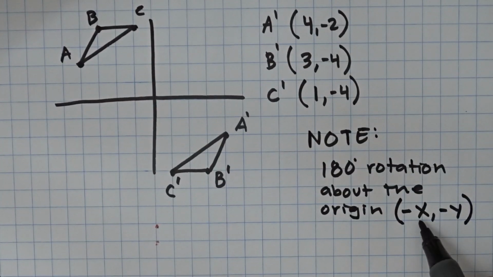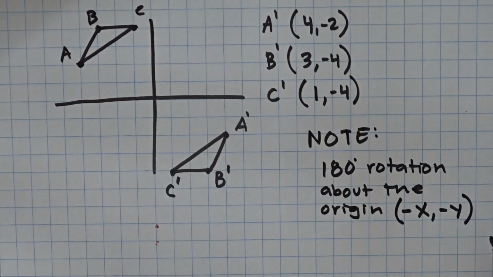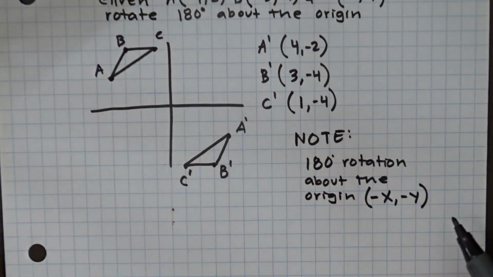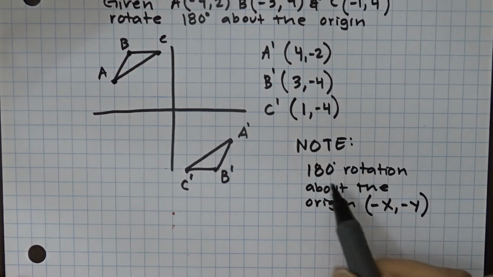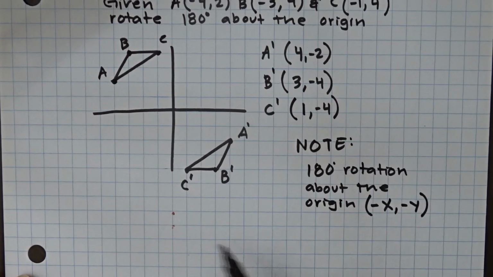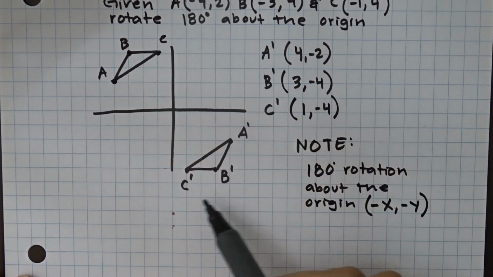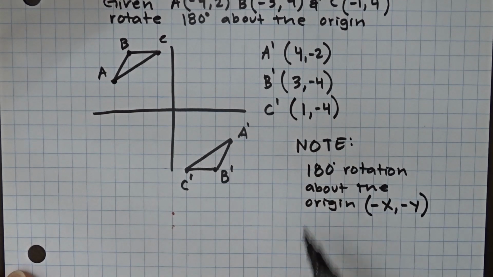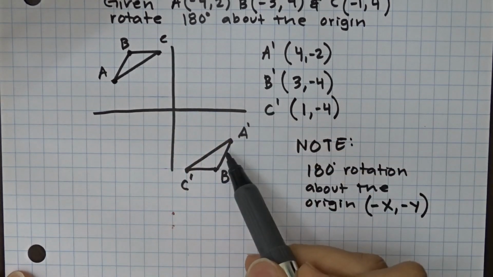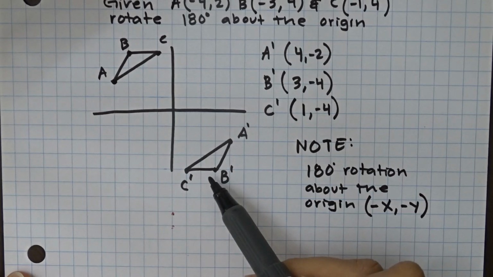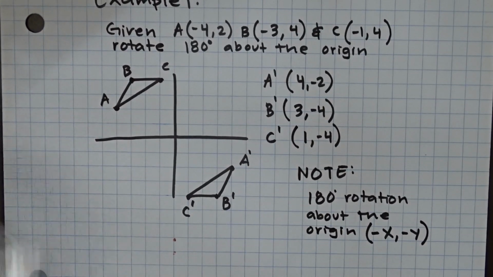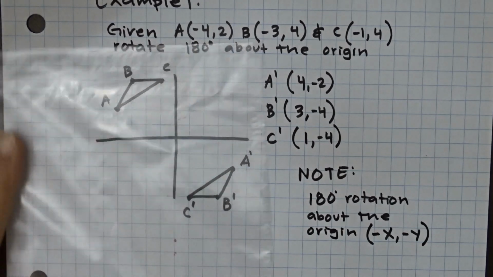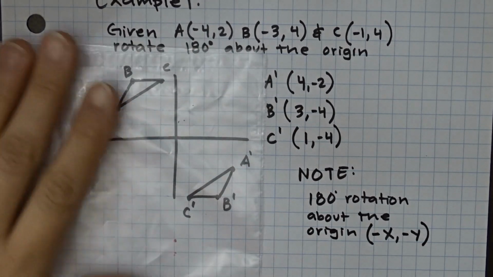So you have the opposite of whatever x was and the opposite of whatever y was. All right, so this only works for 180° rotations. Now, it doesn't matter if I go clockwise or counterclockwise because it's going to end up in the same place, right? I could have gone this way or I could have gone this way and you still end up in the same place. So let me just verify that it is going to be a 180° rotation, which would end up just being 2 90° rotations.